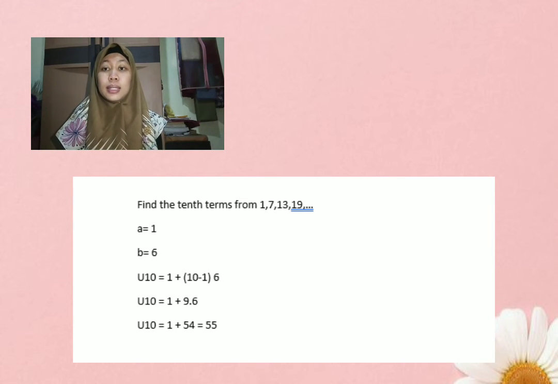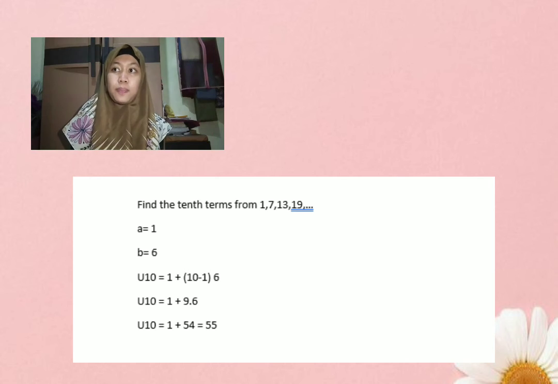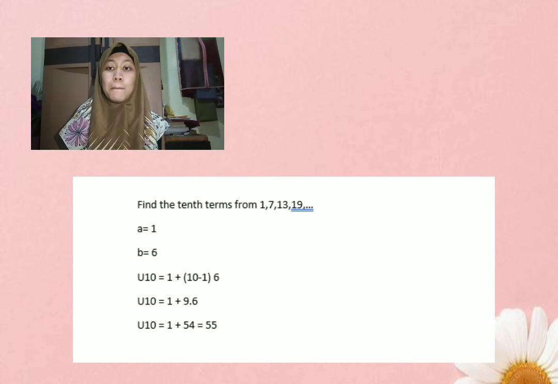So the 10th term equals 1 plus 10 minus 1 in parentheses times 6 equals 1 plus 9 times 6 equals 1 plus 54 equals 55. So the 10th term of the sequence equals 55.